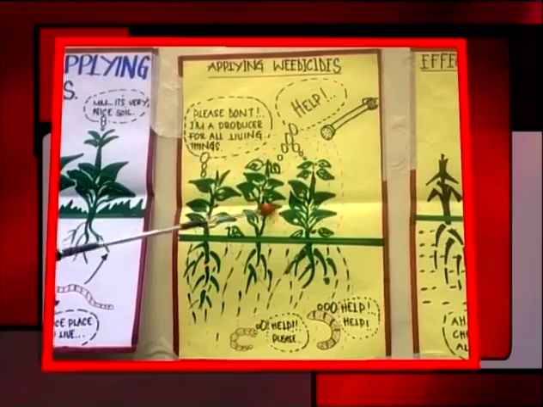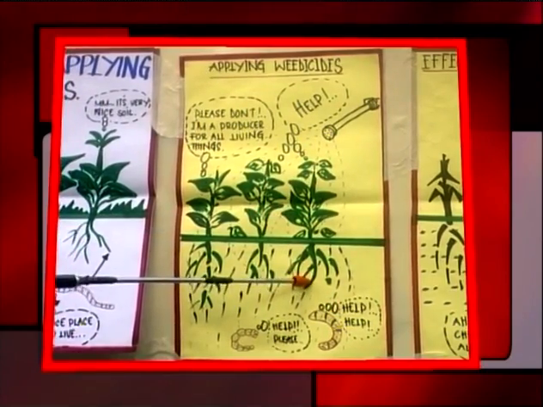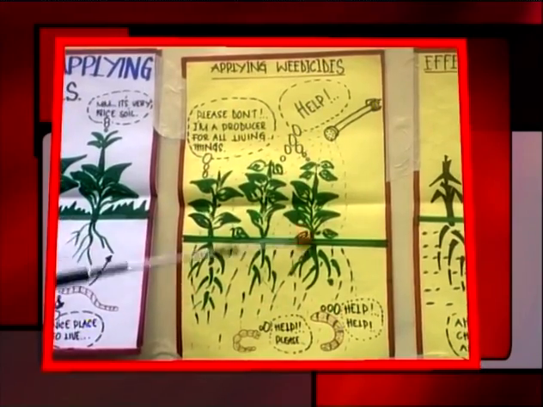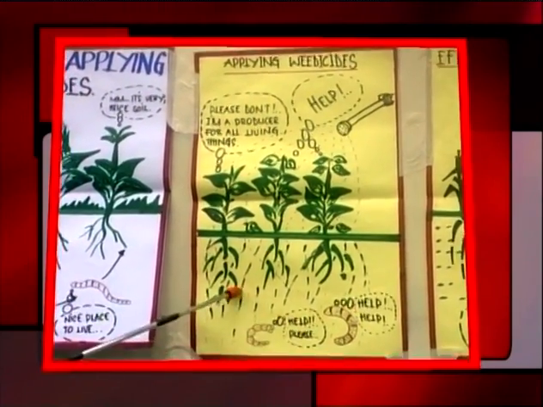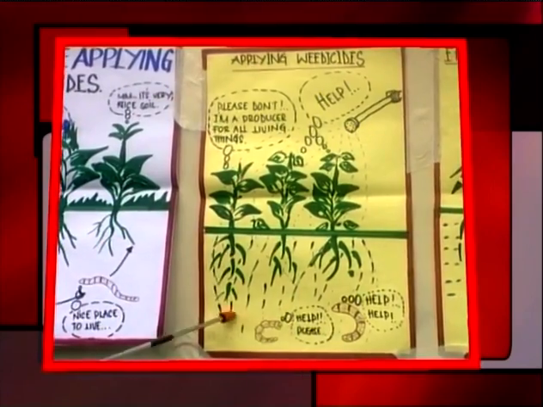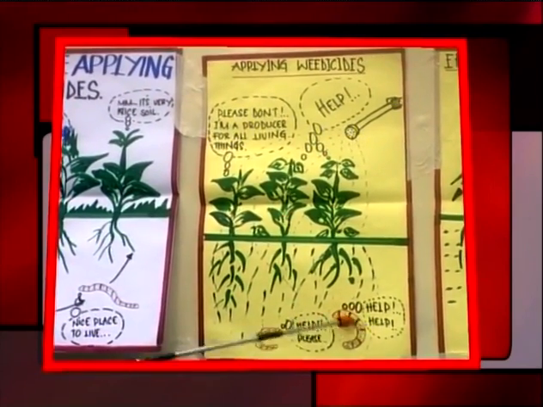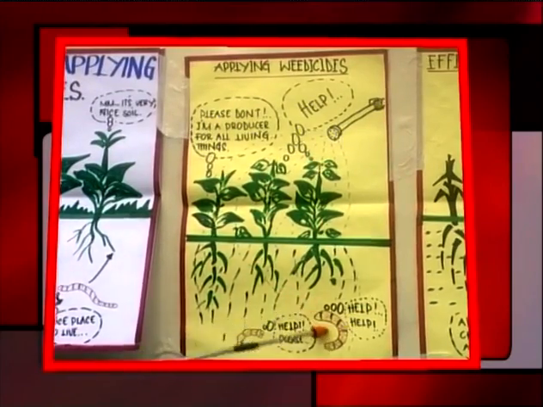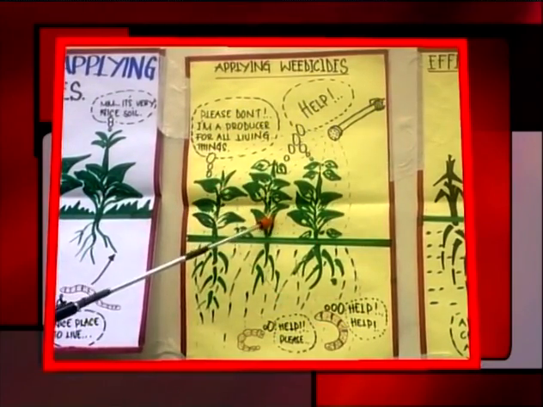When it is applied, the chemicals sink in the soil. It won't decay. It sinks. Once it sinks, it affects all the organisms living in the ground. And these organisms, they are crying for help because they are affected by this chemical.